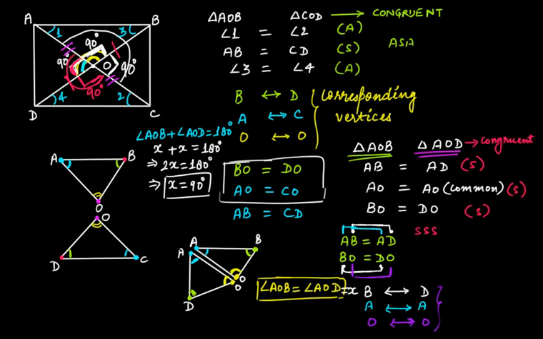Now the last one is that we have to prove that the two diagonals are equal in length. So what you have to do is draw the two diagonals, that is this BD and this AC, and now take triangle ADC, and then take triangle BCD.